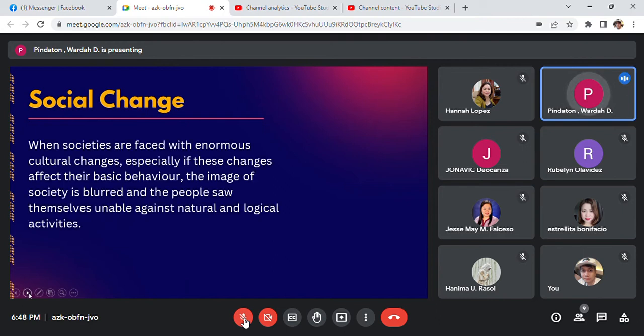And we also have the social change. When societies are faced with enormous cultural changes, especially if these changes affect their basic behavior, the image of society is blurred and the people see themselves unable against natural and logical activities.